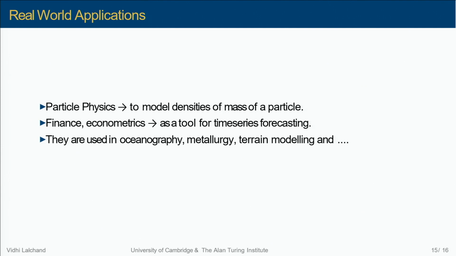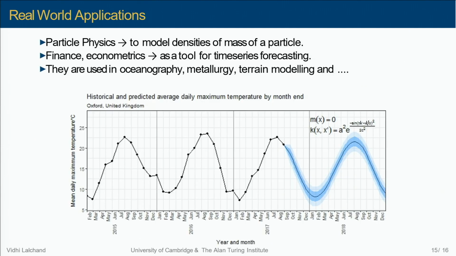They're also used in a host of other fields. I have this one example where a Gaussian process model was used for regression in order to capture the average daily maximum temperature. This example is particularly useful to understand why Gaussian processes are useful. When we look at weather, we know that there's a periodic aspect to it. So we can modify our kernel function to encode that periodicity.